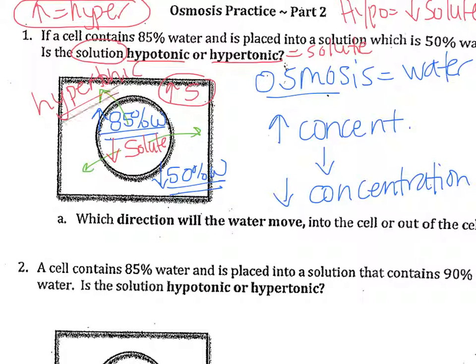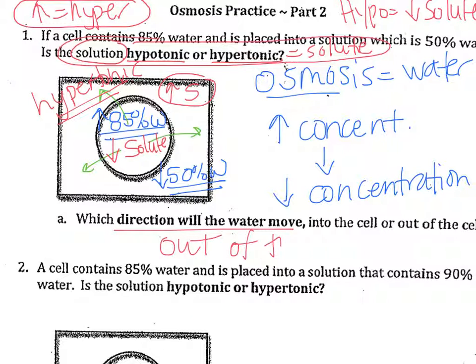Water is going to move based on water concentration. We classify our types of osmotic solutions based on solute concentration. And that's the hardest thing that students have in terms of remembering that. All right, and we've already identified which direction the water will move. The water will move out of the cell, and the cell will shrink.